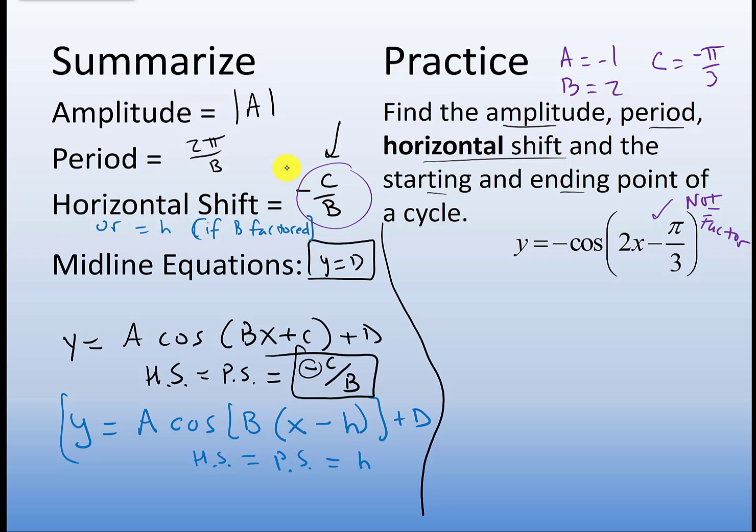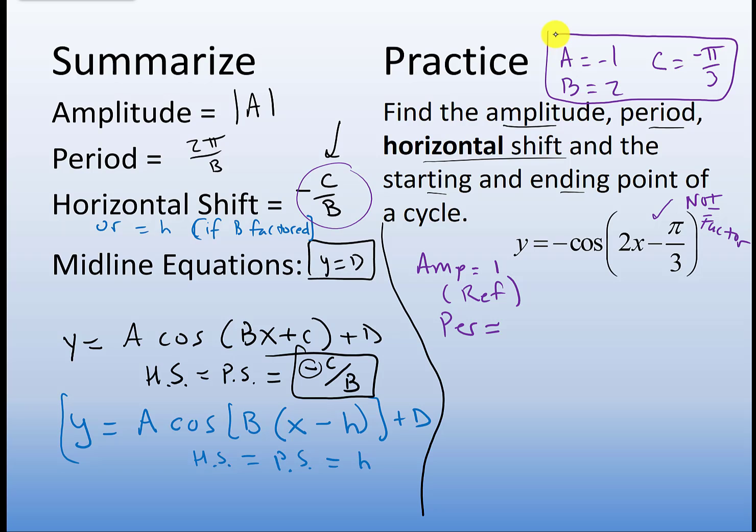But let's take off. We've got the amplitude. Okay, so amplitude equals 1. So don't put the negative on it. Amplitude is always positive. However, it's good to remember that there will be a reflection. We've got the period. Okay, the period we're going to have to work for a little bit, because none of these numbers, the ABC numbers, tell us the period.